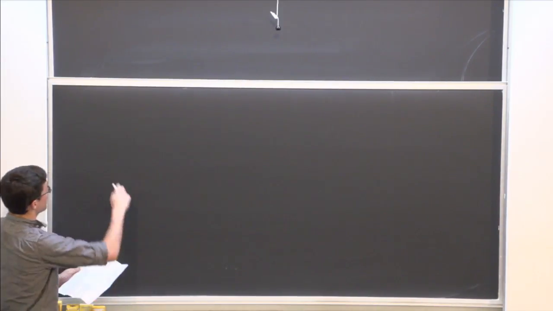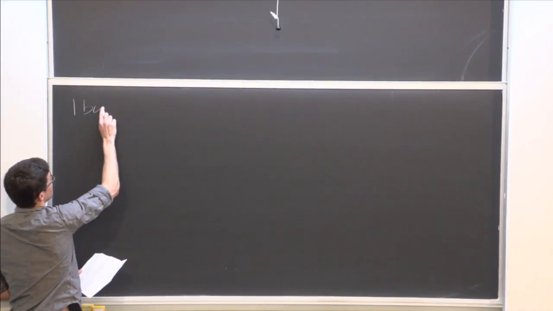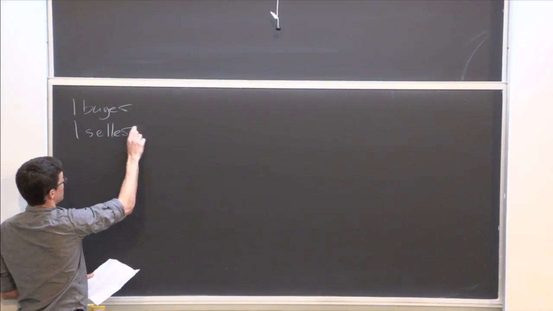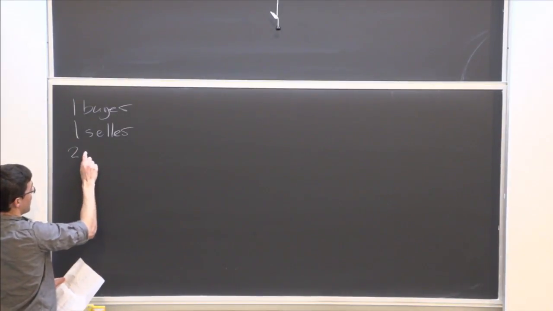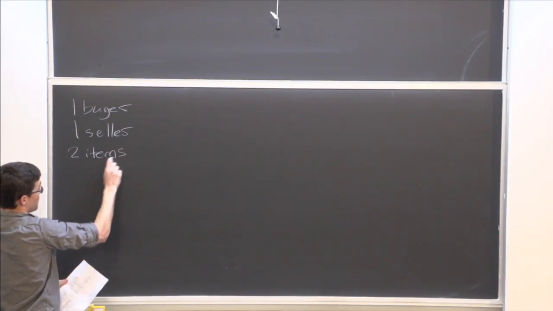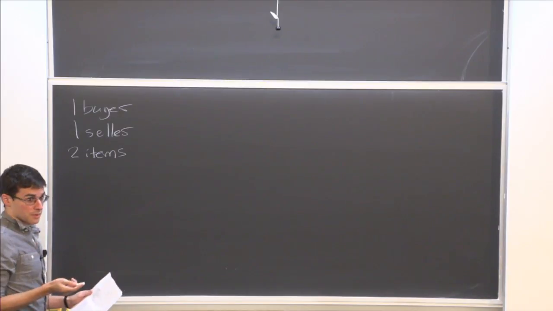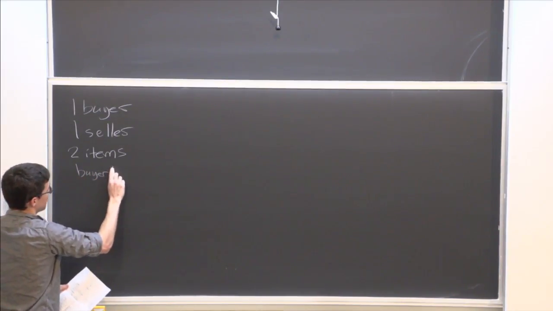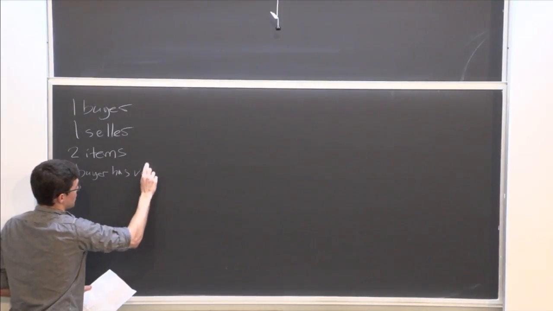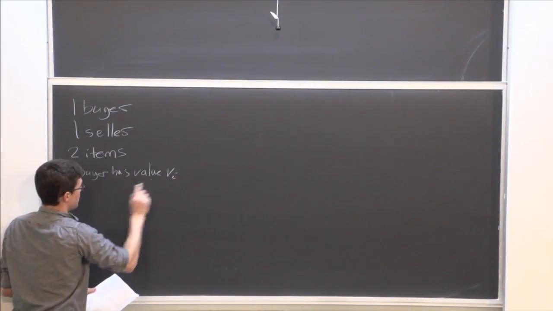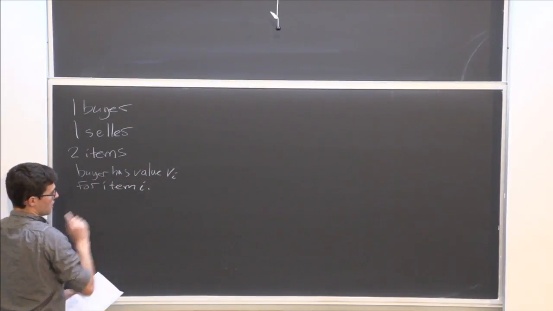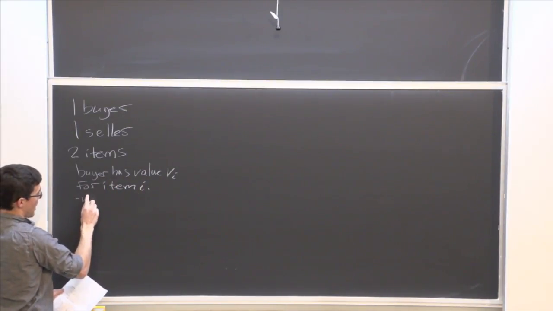So let's say that there's one buyer, one seller, and in all the examples so far there are 2 items for sale, and the buyer has value vi for item i.